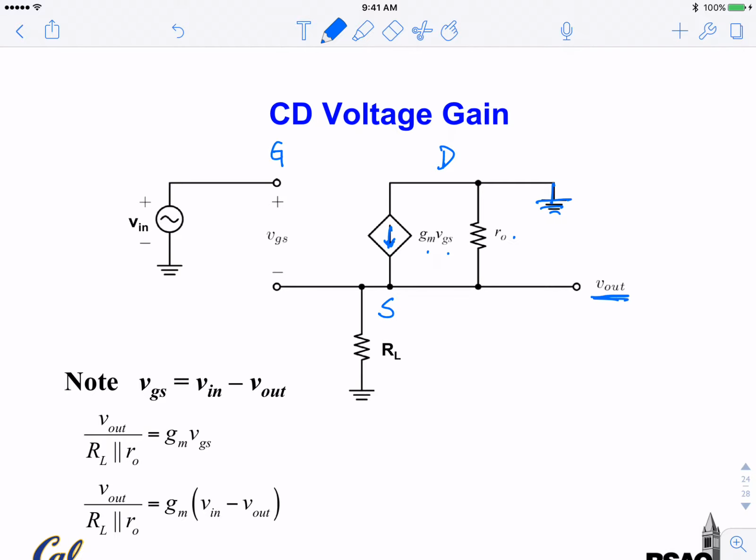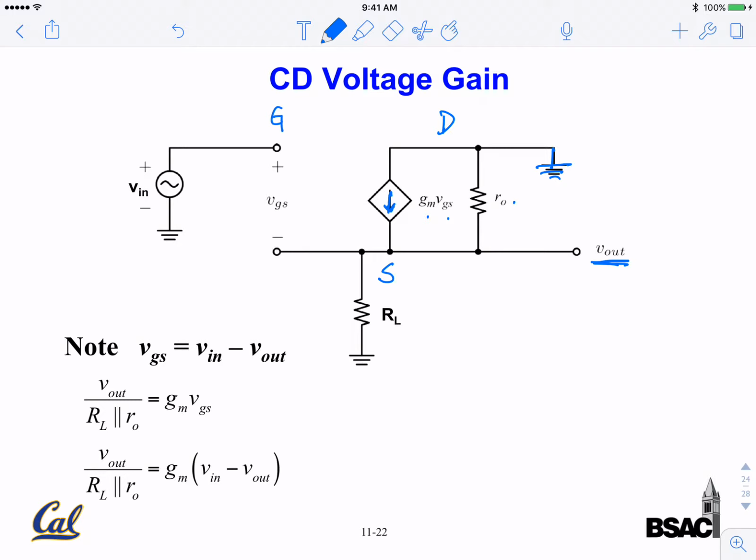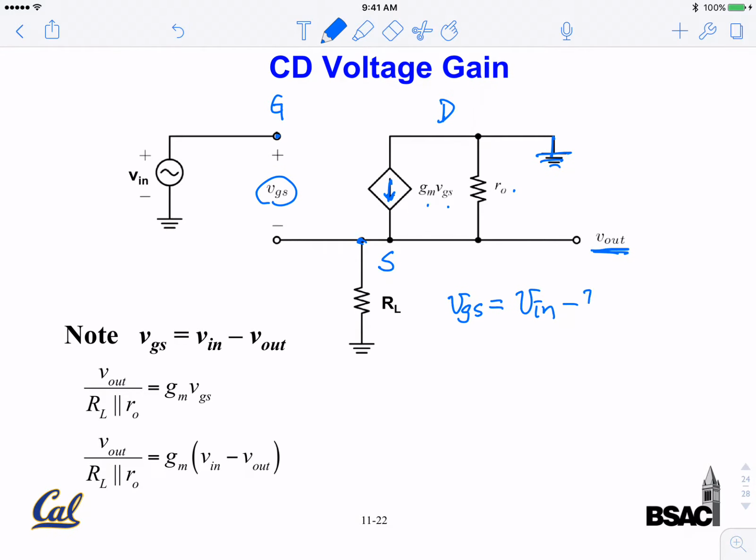We're going to do lots of KCL and KVL here. First you can write VGS: VG is equal to Vin, and VS is equal to Vout, so VGS is Vin minus Vout. And you can do KCL at this node, at the source.